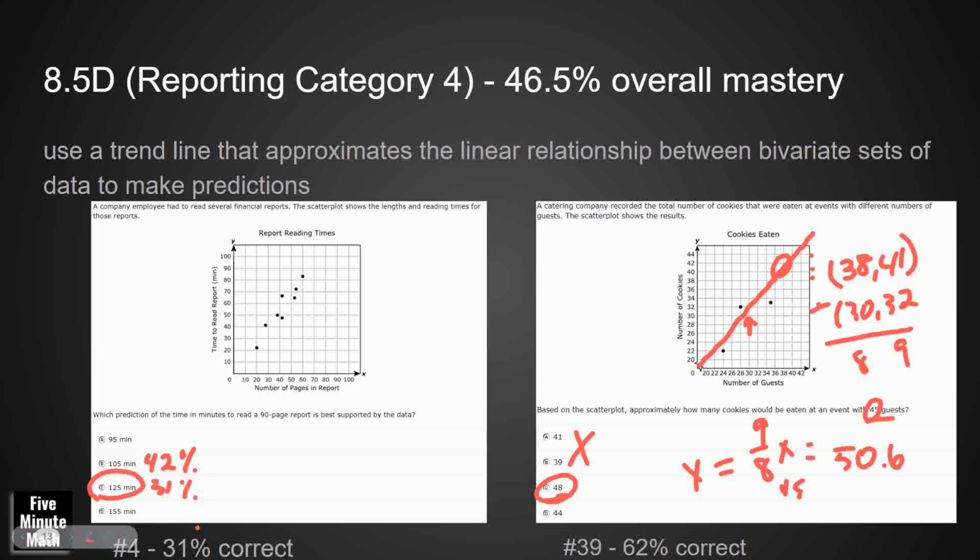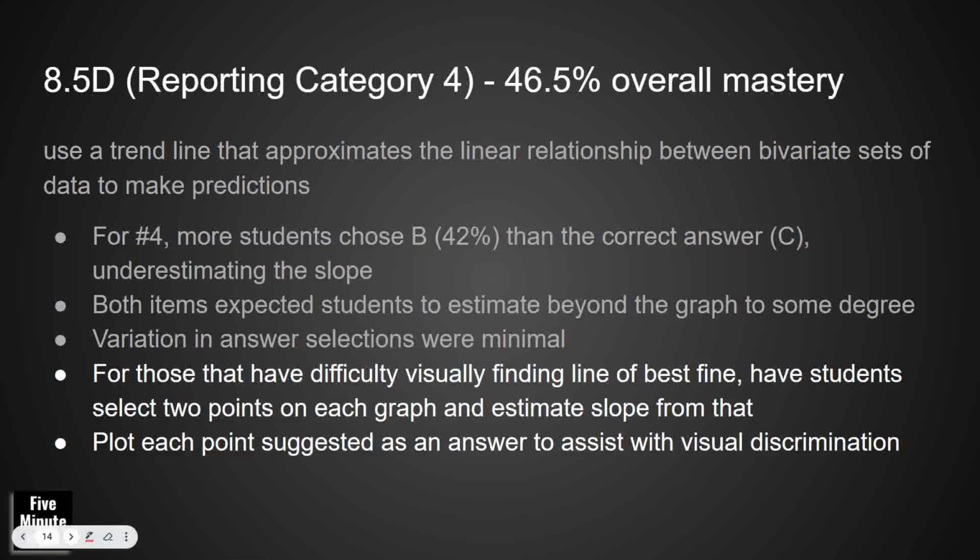B was 105, remember, and that was still on the graph. But if you look at it with all the noise off this graph, you can tell that that's a little bit low. That's not going to hit if we're looking at a line of best fit. And so that's just a visual underestimation of the slope.